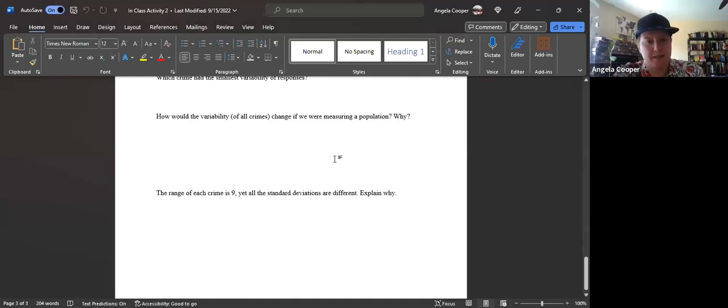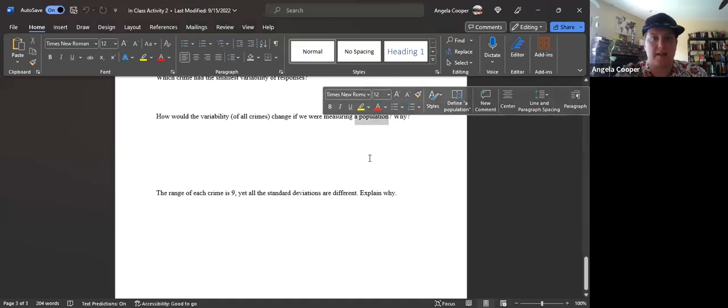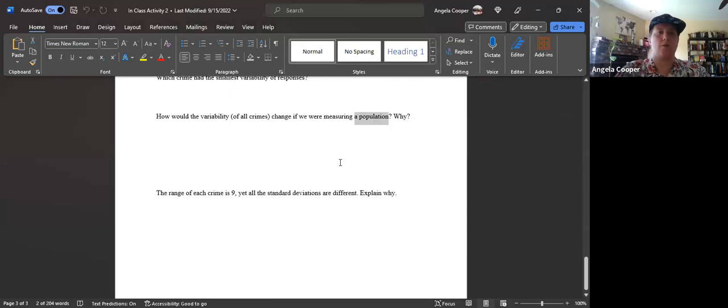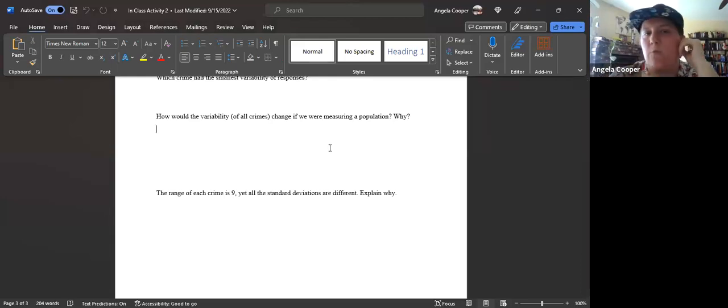We don't have any missing data pieces. Everyone is accommodated for because we're measuring the population. So now thinking about that, why would the variability of this data set be smaller when measuring a population?